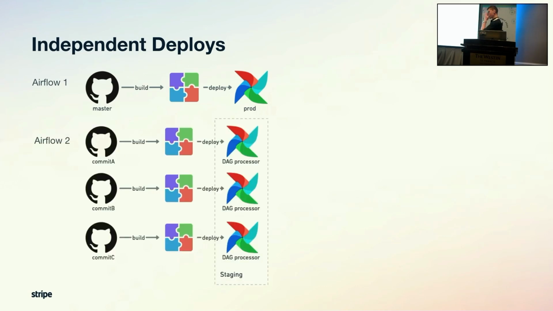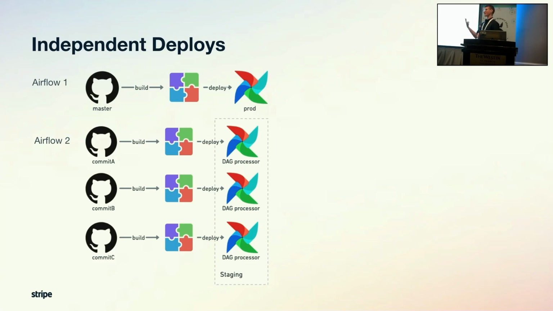So in our Airflow 2 system, we are working very hard to break this all apart, to get our users to refactor the way that their tasks and DAGs have been defined into a system where we can consistently load an individual DAG or a group of DAGs at a time and build deploy artifacts for individual DAGs or groups of DAGs using, at Stripe, Bazel.